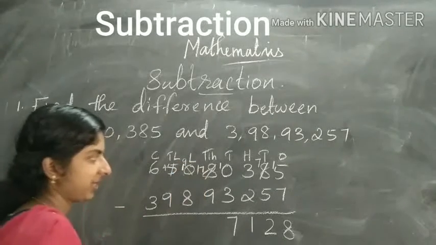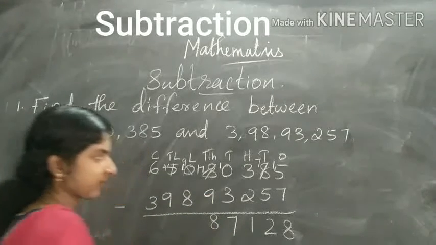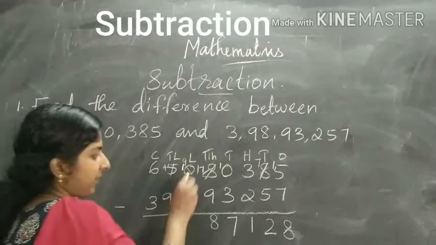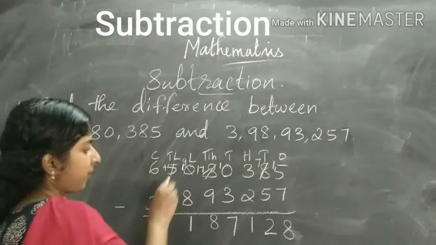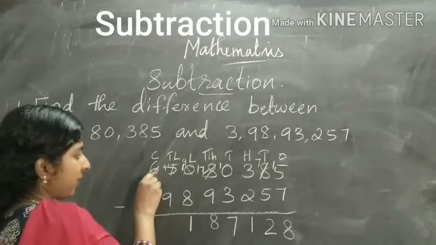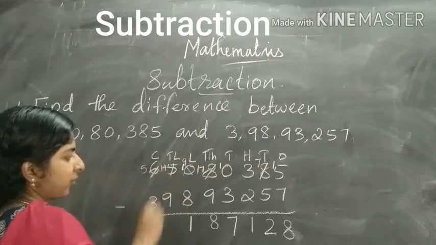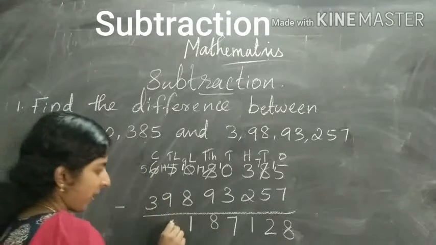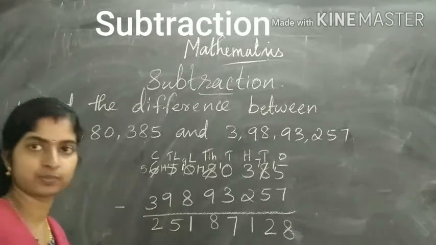Here 17. 17 minus 9, 8. Then 9 minus 8, 1. Then 4 minus 9. Is it possible? No. So we take 1 from the left side. That means here 5, here 14. 14 minus 9, 5. Then 5 minus 3, 2.